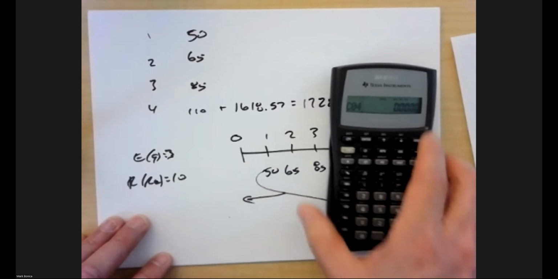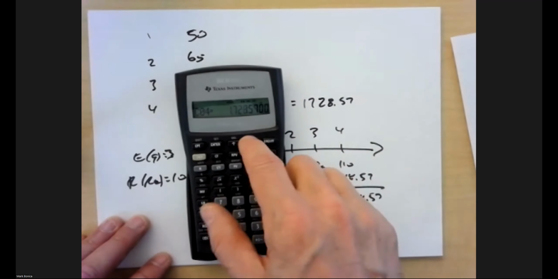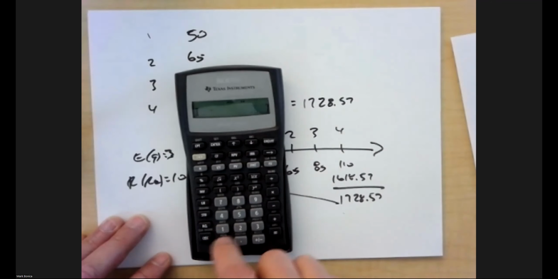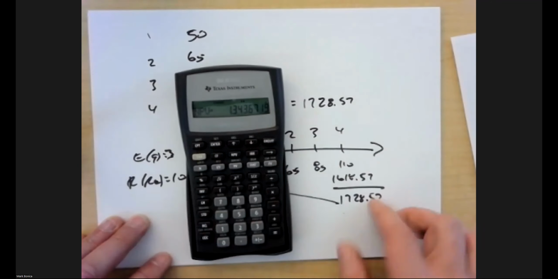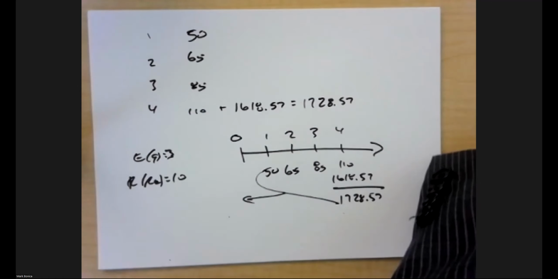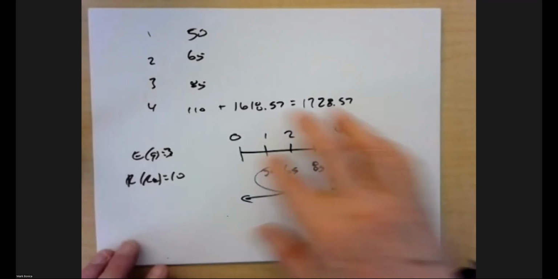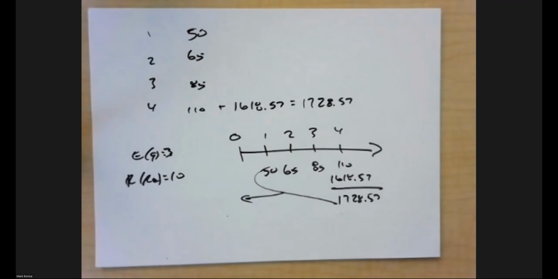And instead of doing 110 this time, I could do 1728.57. NPV 10, compute, and I get 1343, which was what our answer was here. So there's multiple ways you can approach this. This may actually be the most straightforward way.